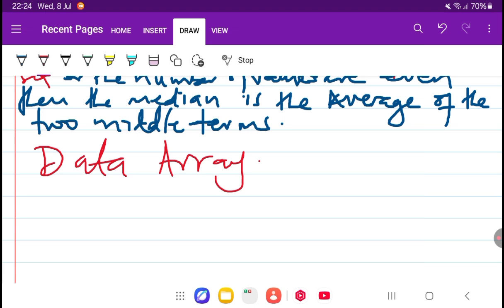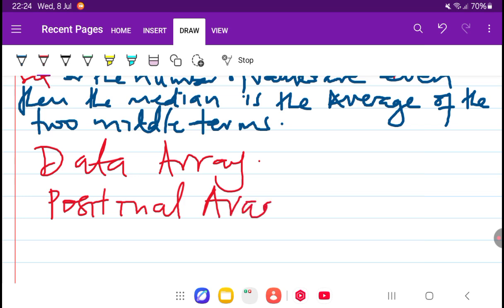If the data set has an even number of entries, then the median will be the mean of the two middle data entries. So the median is a positional average. We call it a positional average.